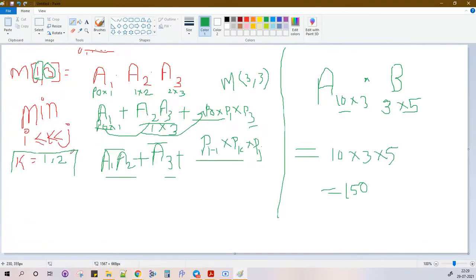So we have two problems here, right? If I take A1 A2 A3 as one grouping, I will have some cost, cost one, whatever it is, 4,000, 5,000, 10,000 operations. And if I take A1 A2 and then A3, I will have cost two. To minimize the cost, whatever C1 and C2 are, I will choose the smaller one.